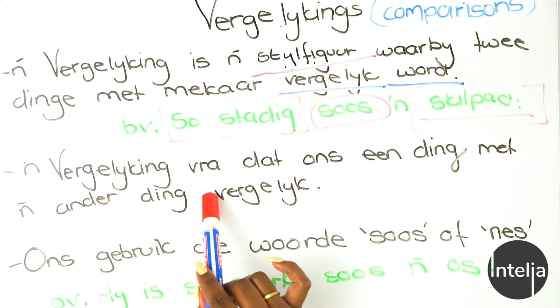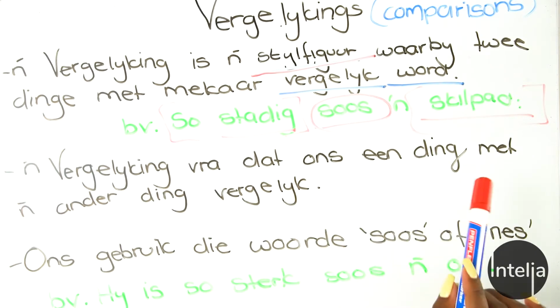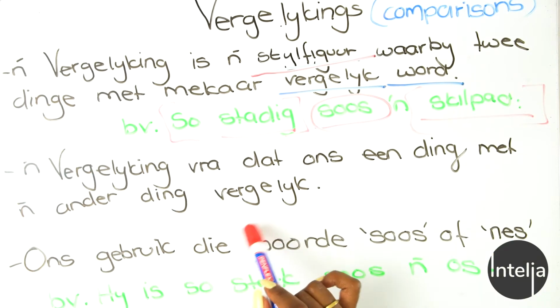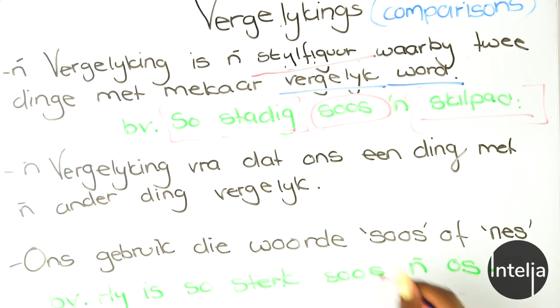'n Vergelyking vra dat ons een ding met 'n ander ding vergelyk. So, a comparison is asking that we compare one thing to another, right? So that's basically all that it is. We are just comparing one thing to another thing. Ons gebruik die woorde soos en nes.